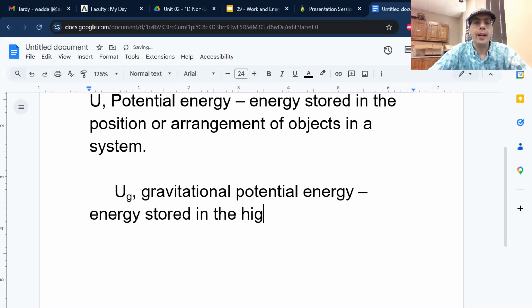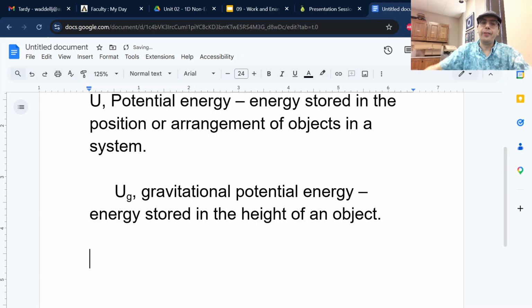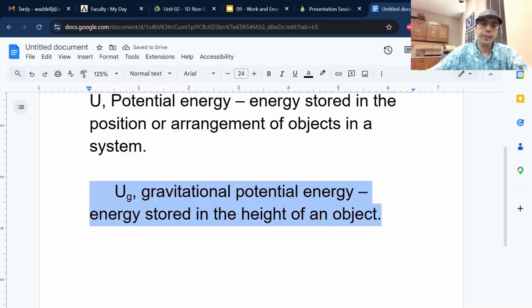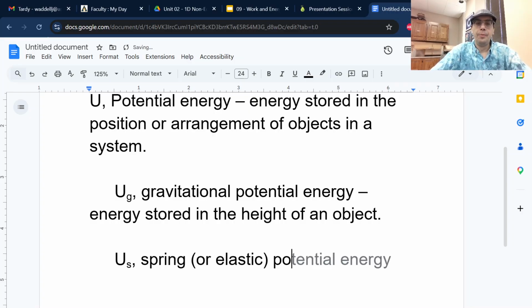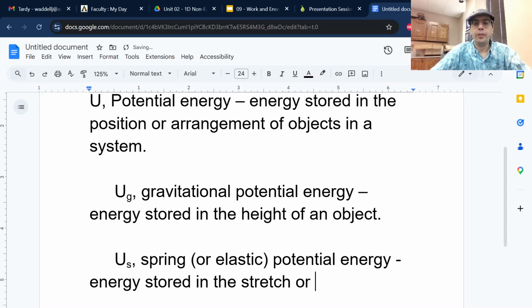And the height of an object, at least in terms of the way we're going to be using it. And then spring or elastic potential energy is the energy stored in the stretch or compression of a spring.